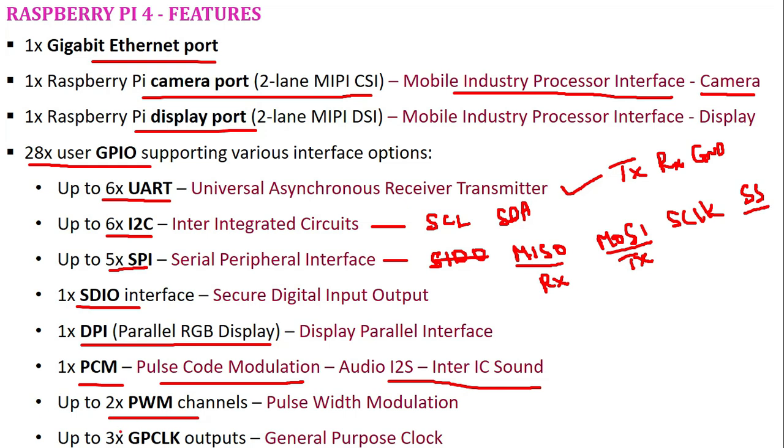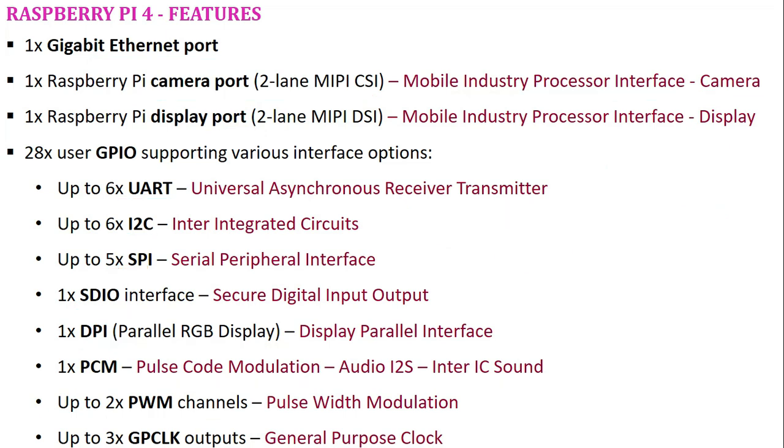Then we have 3 general purpose clock outputs, which can be used for providing a clock to other devices connected to your Raspberry Pi. So these are the features available in your Raspberry Pi 4 module. You can see the capability of this single board computer.